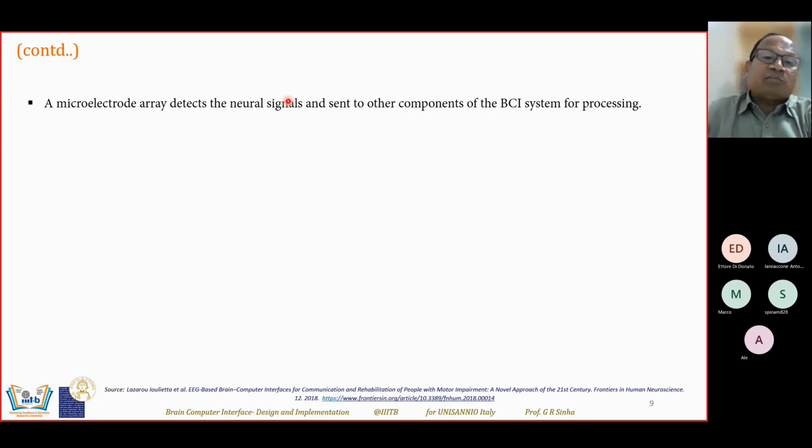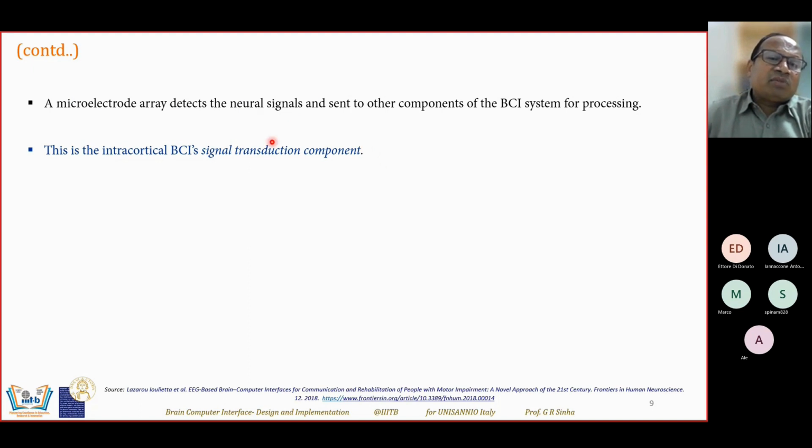It brings the signal of neuronal activities, brain activities, in a different modality. Obviously, this is not going to be EEG, because we are putting the microelectrode inside the brain. So here the neuronal activity is not an EEG signal. It will be a very, very localized field potential captured with the help of the microelectrode. So this is the intracortical BCI signal transduction component.